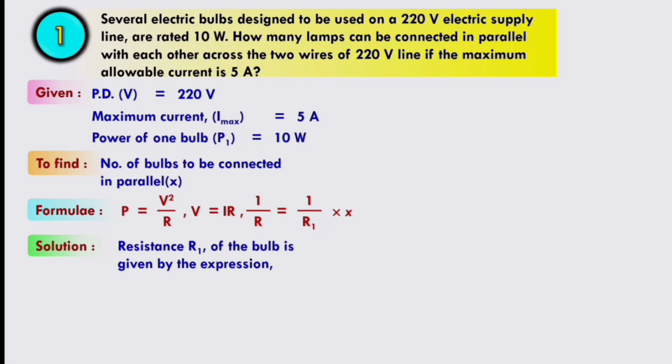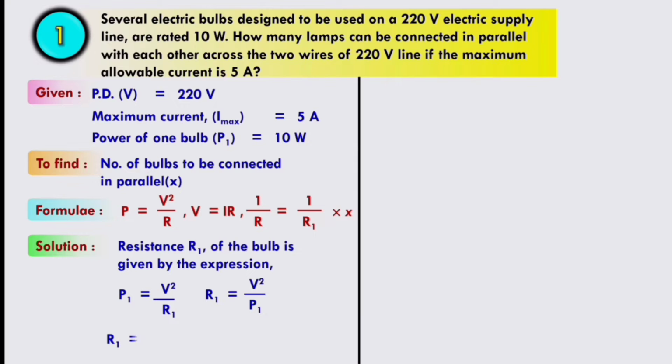Now let's solve. The resistance R1 of the bulb is given by the expression P1 equal to V square by R1. So we will rearrange the formula and find out the value for R. Therefore R1 equal to 220 square by 10, we will get 4840 ohm, and mark it as equation number 1.